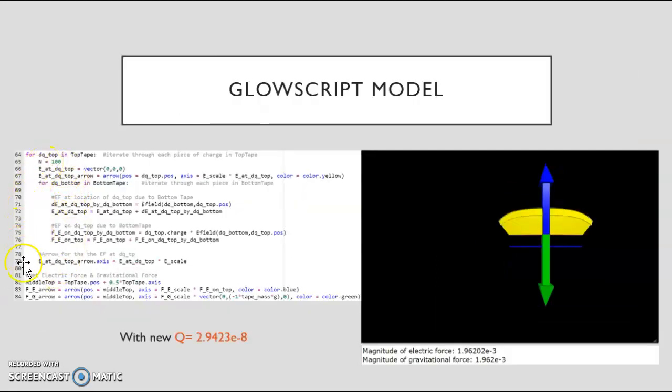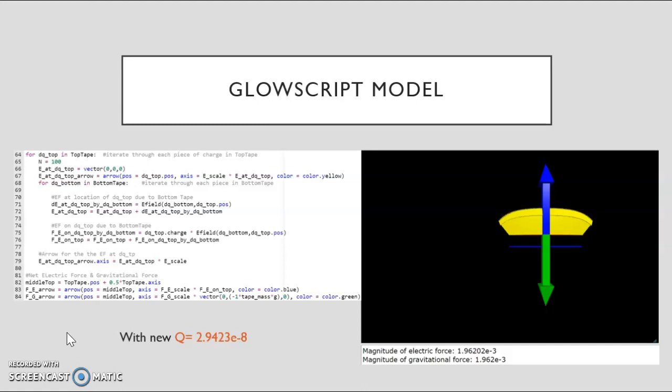And this is depicted in the GlowScript code on the left, where after dividing the tape into 100 segments, I was able to iterate through each of these segments and find the electric field for each, and then again sum them up to find the total net electric field.